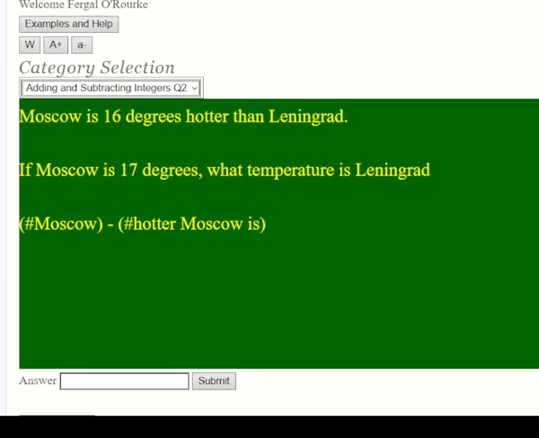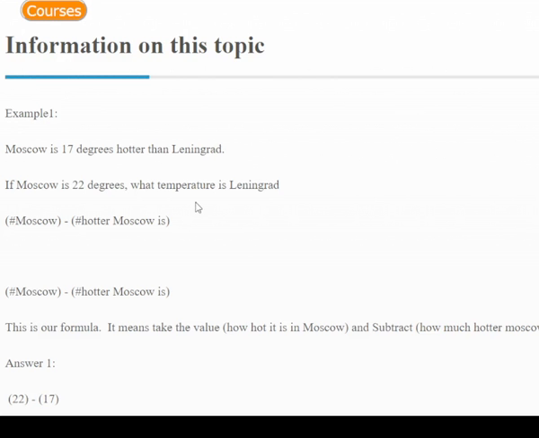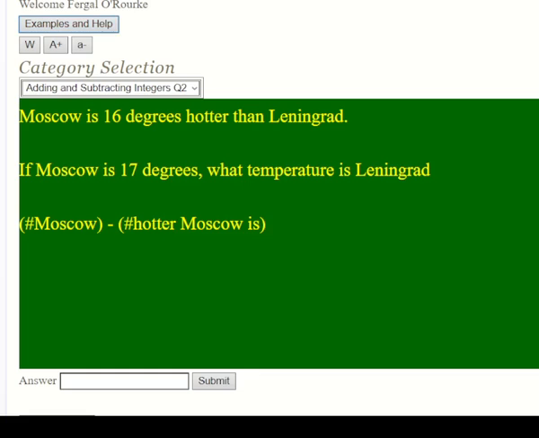Adding and subtracting integers. Question 2. Again, we can click on the examples and help to find out information about this if we want, or if you already understand from the video what to do, you can just read the question. So this says Moscow is 16 degrees hotter than Leningrad. What temperature is Leningrad?